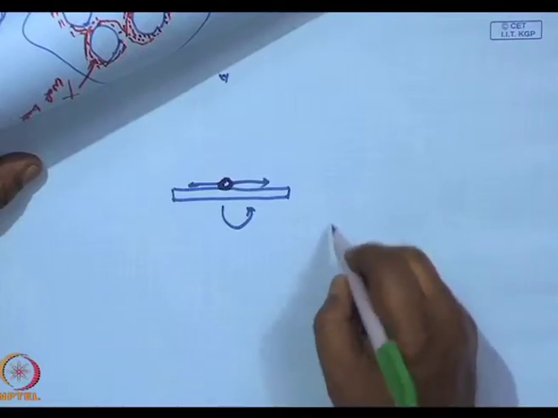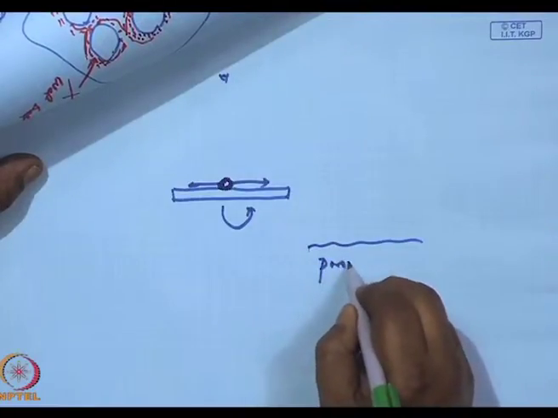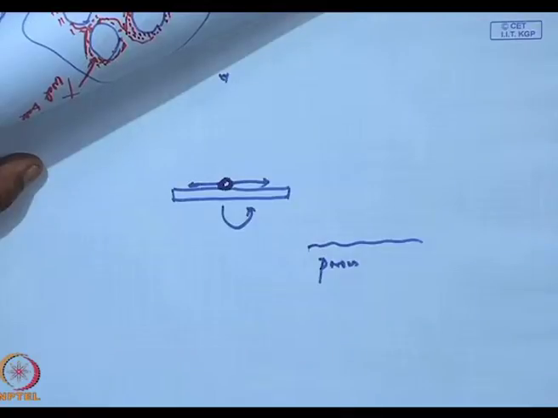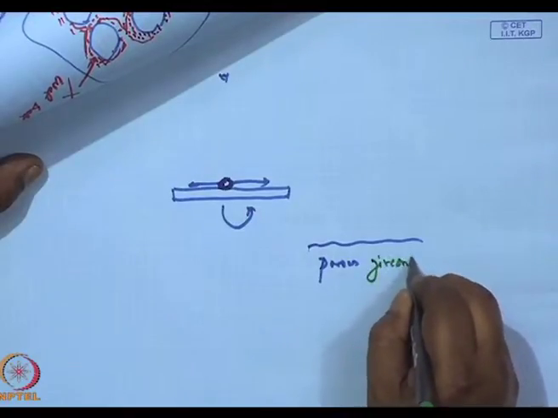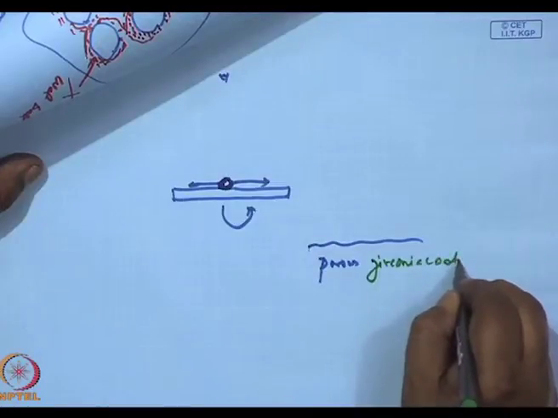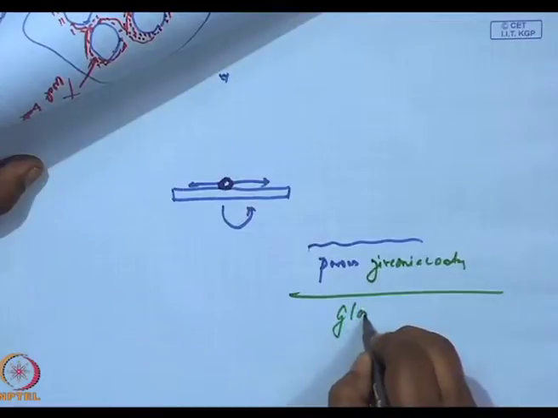Now, after the zirconia coating, what they have done is filled it up with fluorosilanes, so that the surface of the coating looks like this. This is the porous zirconia coating. This is a glass window.